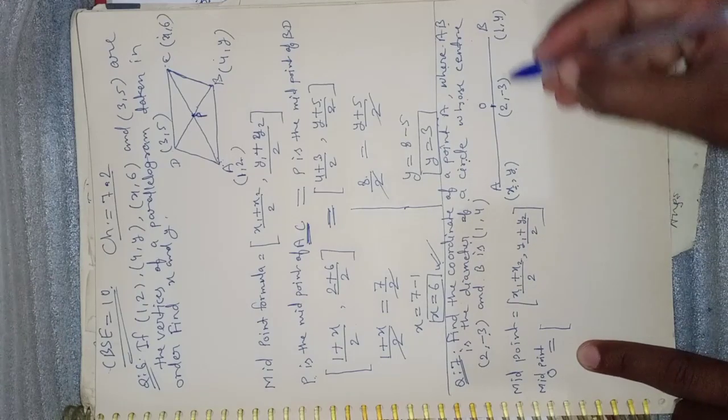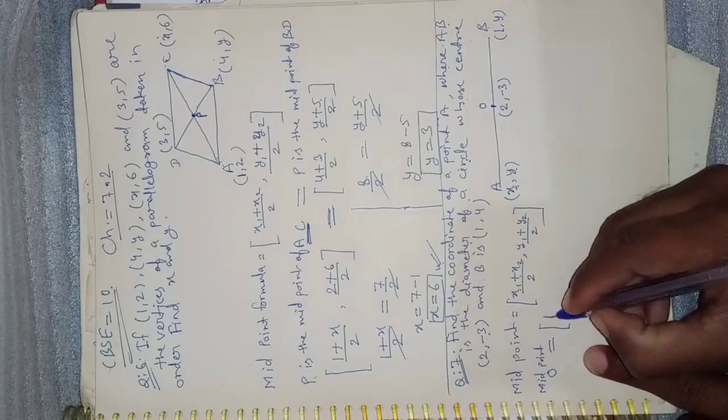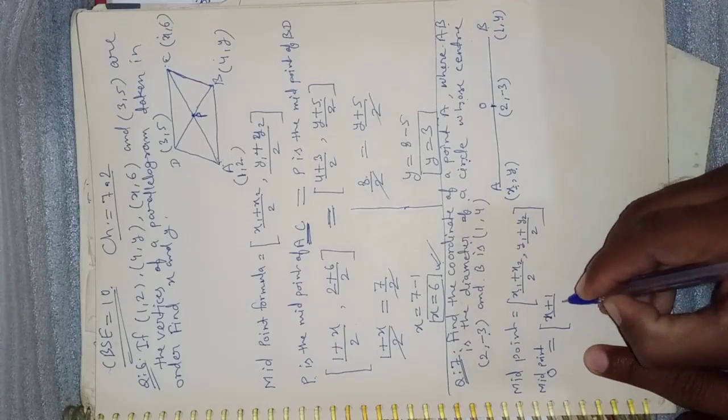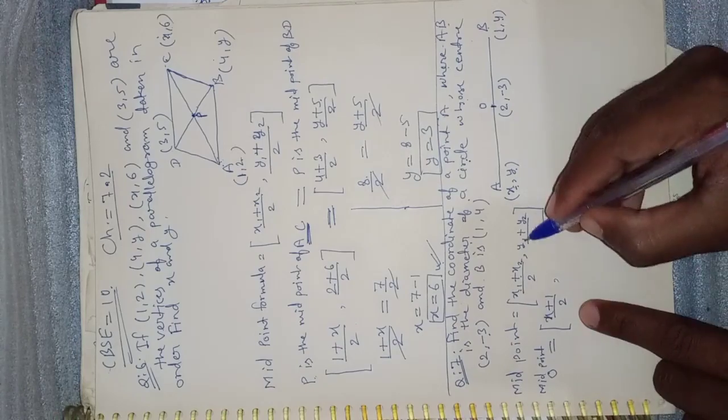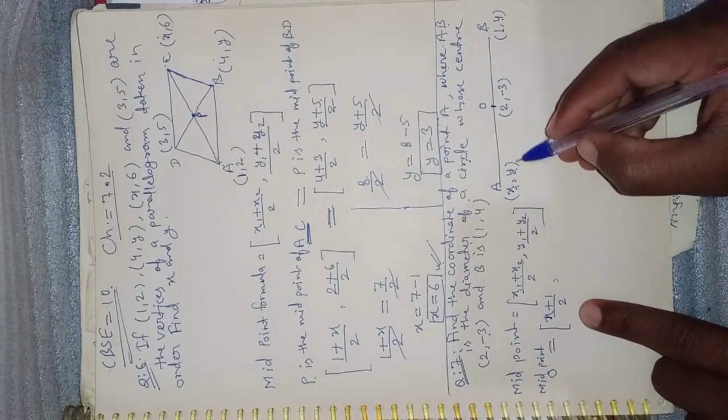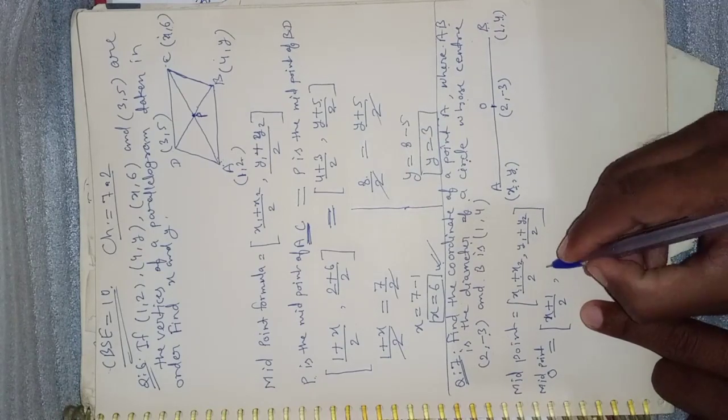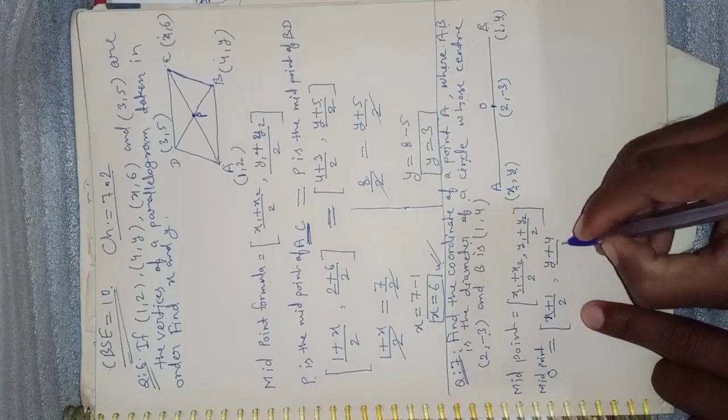X1 value is x, x2 value is 1, so (x plus 1) upon 2, comma, y1 value is y, y2 value is 4, so (y plus 4) by 2.